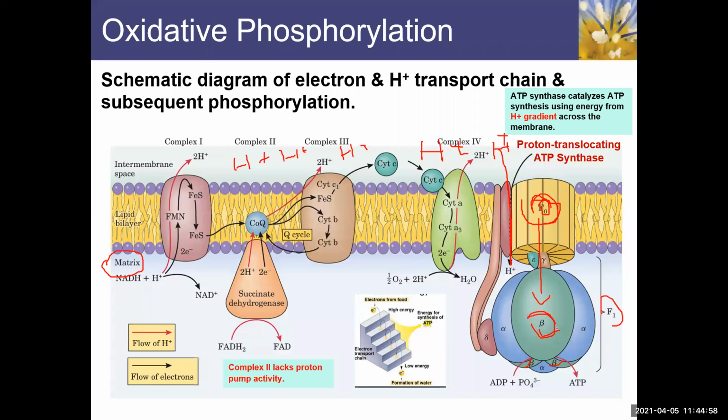As the beta subunit of the F1 is rotated, or changes its conformation, it allows this beta subunit to bind to the ADP, right? So ADP gets phosphorylated. That is what it needs. ADP has to be phosphorylated to form the ATP.